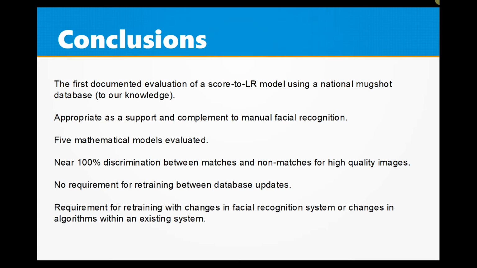The goal of this survey was to create a support tool for a manual facial recognition procedure. And to do this, we have then evaluated 5 mathematical models and reached a near 100% discrimination for high-quality images, at least. We do expect that we would need to retrain the model every time the automatic facial recognition algorithm changes.